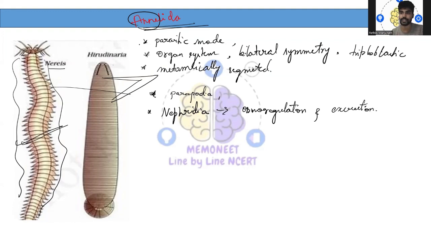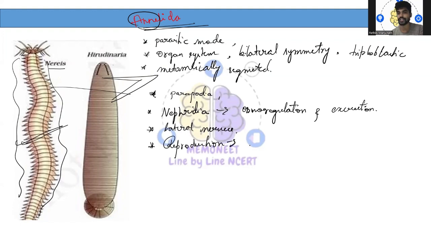Then we will see another thing. Lateral nerves will also be present, connected to the double ventral nerve cord. Then another thing is reproduction.